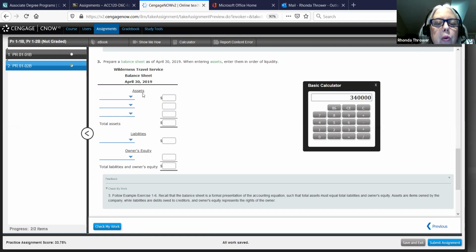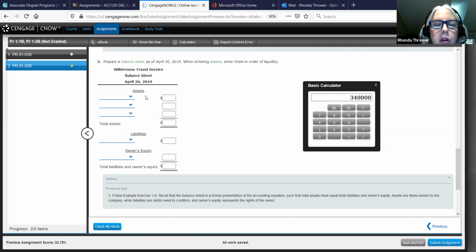So we start with assets because our accounting equation, you'll remember, was assets equal liabilities plus owner's equity. This balance sheet is in what we call report form, which means it's just going straight down the page.